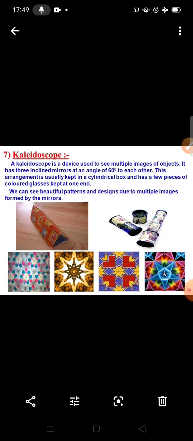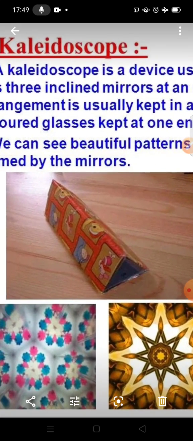If we talk about how you can prepare the kaleidoscope, the construction of the kaleidoscope is very simple. Three plane mirrors are stuck together with tape to form a triangular shape. You can see this diagram also.